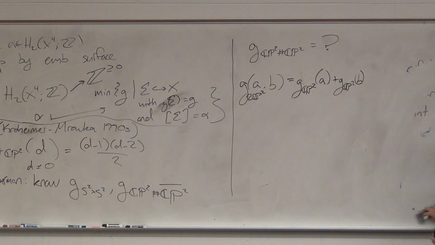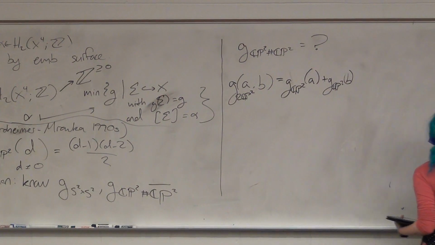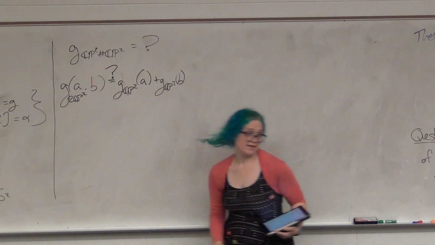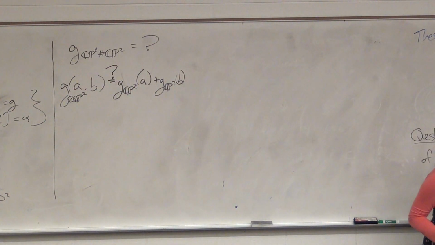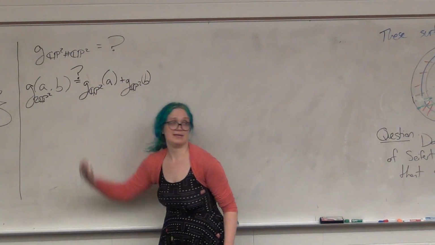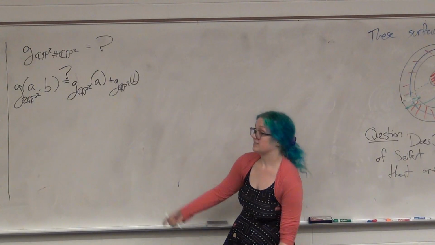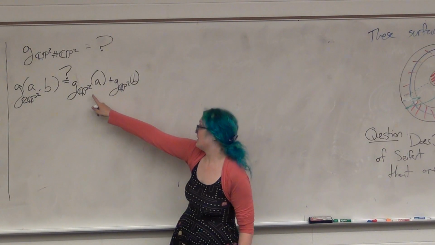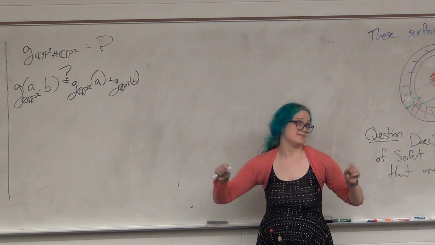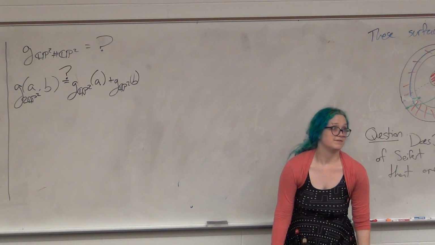This is clearly an upper bound, so this is a question mark, because if I wanted to find a surface in CP2 connect sum CP2 that represents the class (A, B), then I could just take even a disconnected surface of class A in the first summand, class B in the second summand, and then I'll join them together if I want to make it connected, just to make me happy.